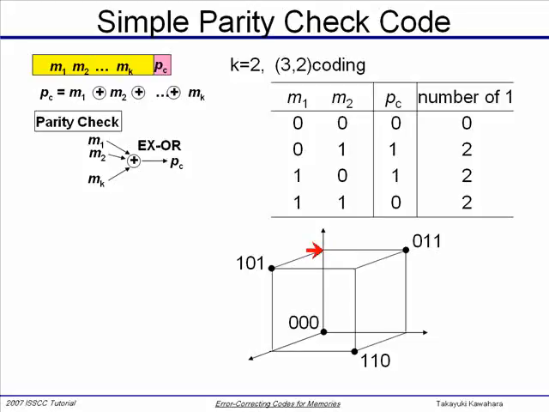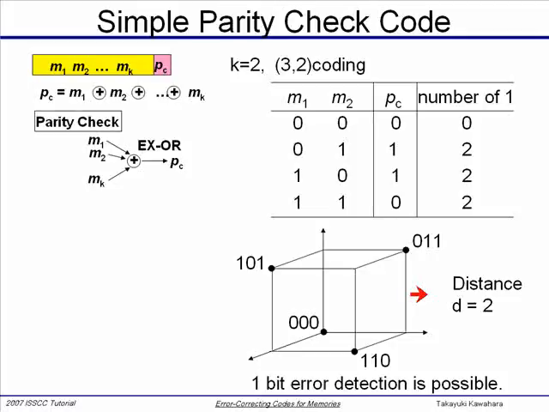It could come from here, from here, from here; there are many possibilities. Of course, there is a distance d, and the capacity of correction depends on it, but what I show you here is only why we can check the error bit. Okay, in this 3-2 coding, 1-bit detection is possible.